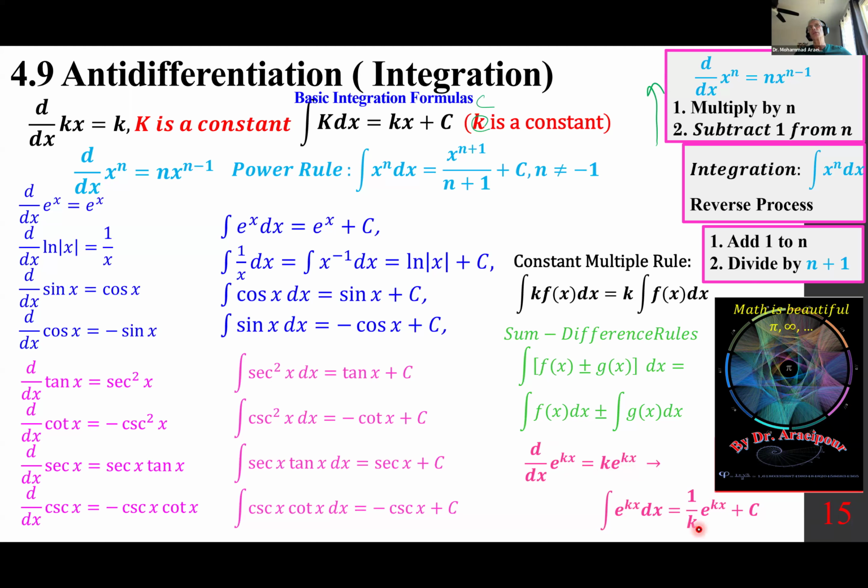That's extremely important, everybody, to understand what happens here. Very straightforward. So these are basic integration formulas, the reverse process of differentiation.